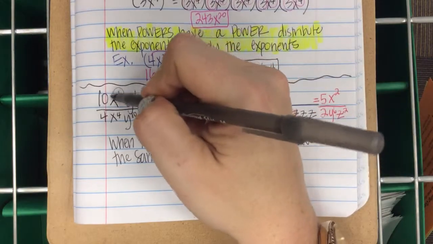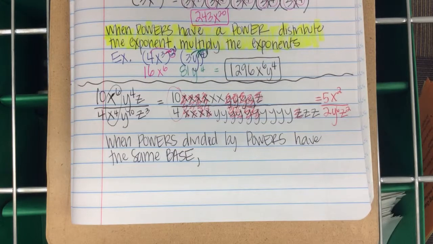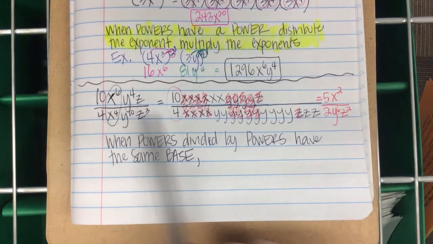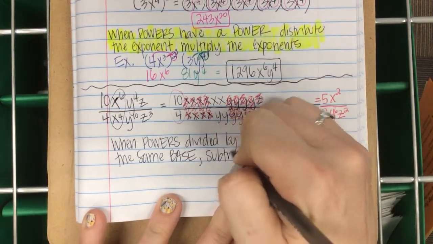Like right here, x to the 6th divided by x to the 4th. What was my answer? I got x squared. You subtract the exponents.